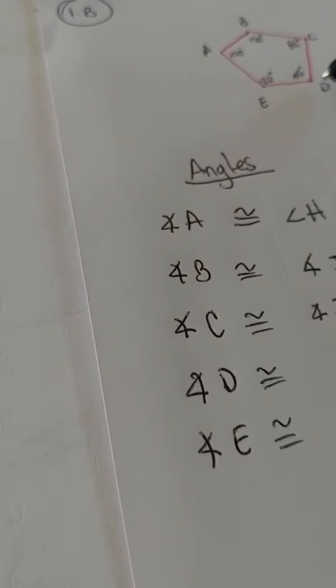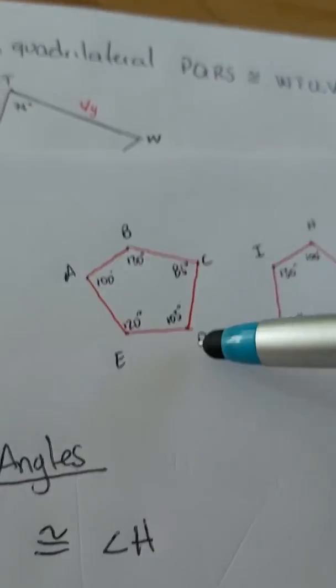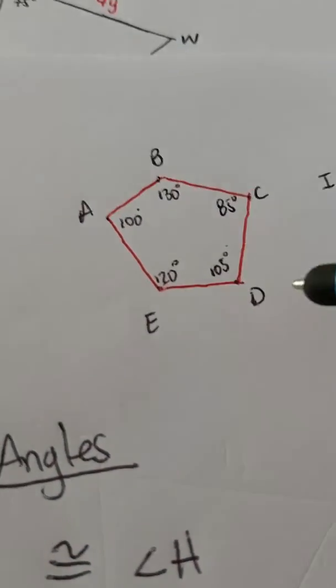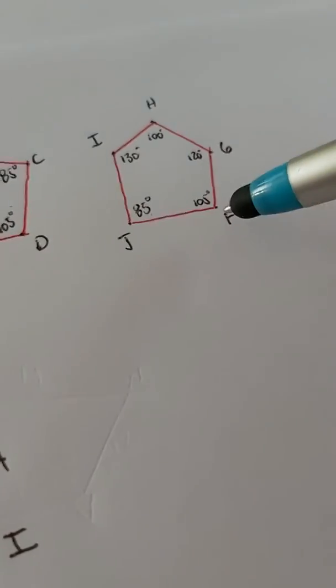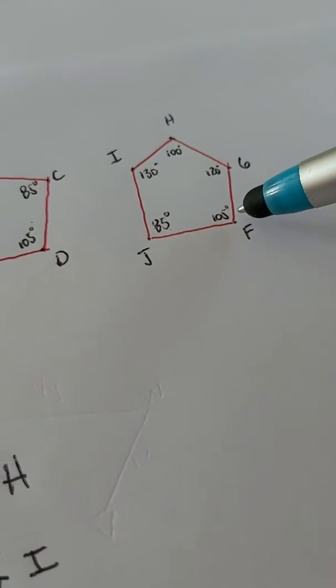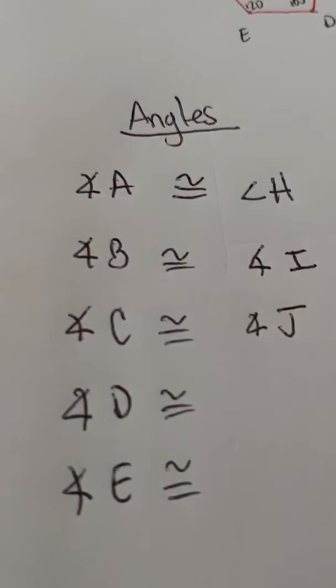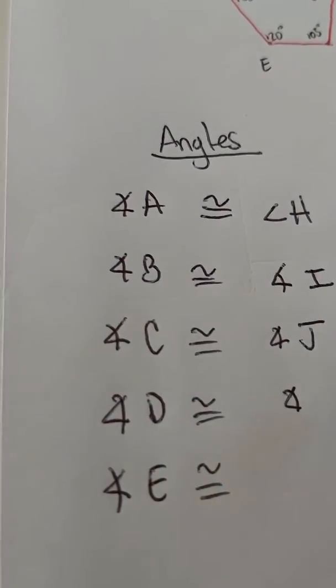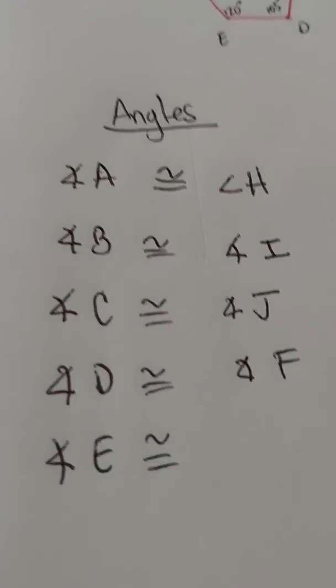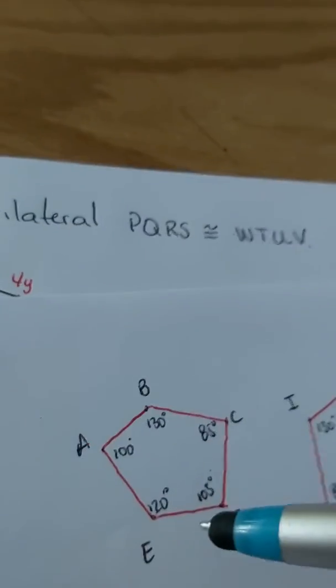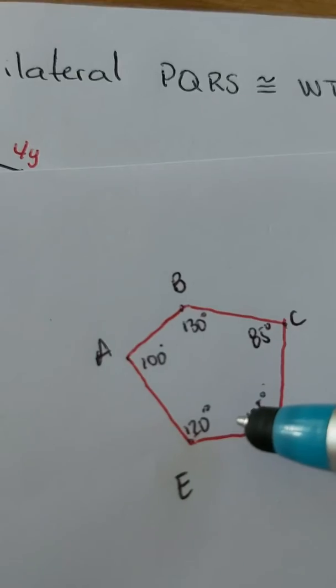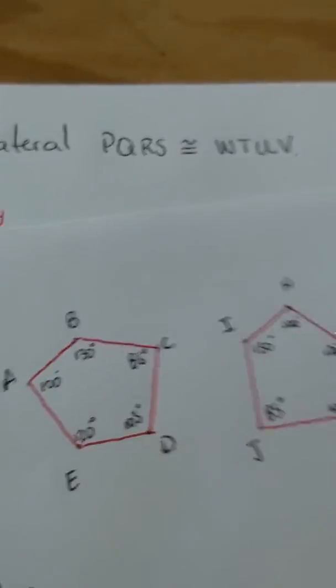Angle D measures 105. Angle F measures 105 degrees. So we can say that angle D is congruent with angle F. And finally, angle E measures 120 and angle G measures 120.